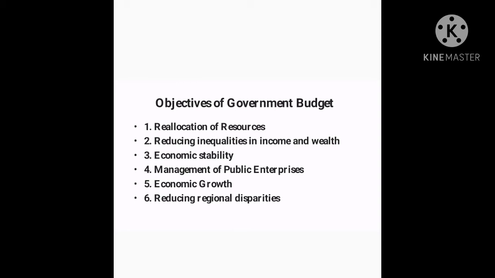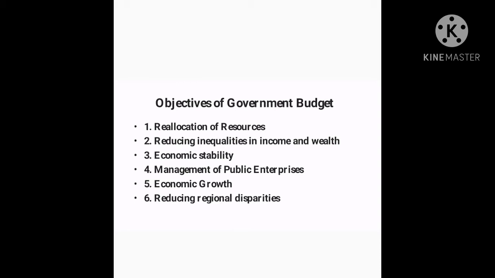Sixth, reducing regional disparities. One of the chief aims of government budget is to alleviate social disproportion. They achieve so by installing manufacturing facilities in the economically weaker section of the society, also by producing goods and services directly to them.